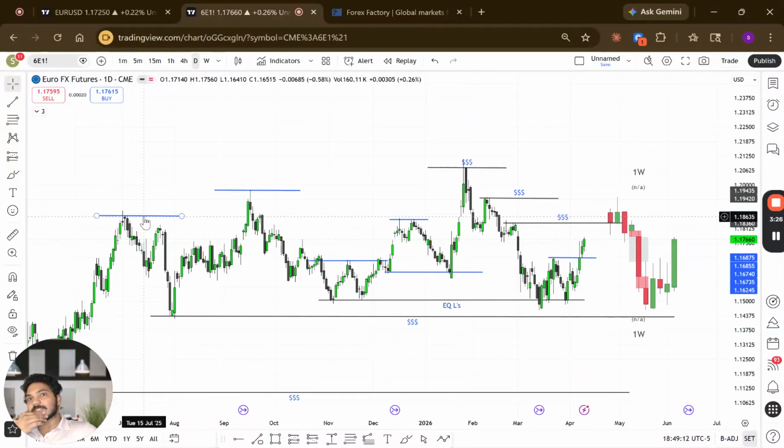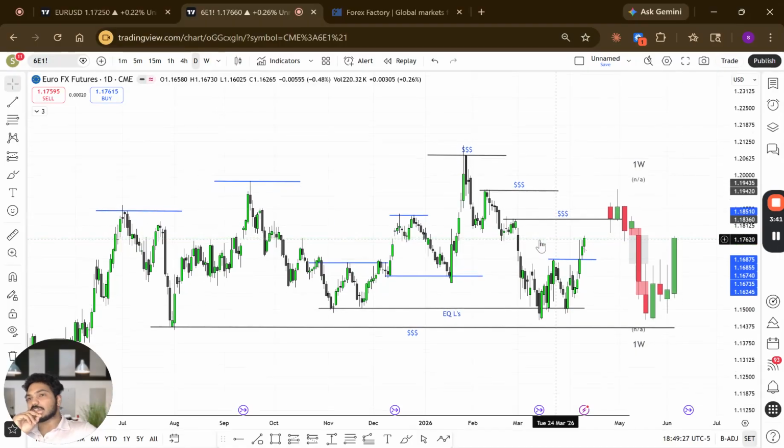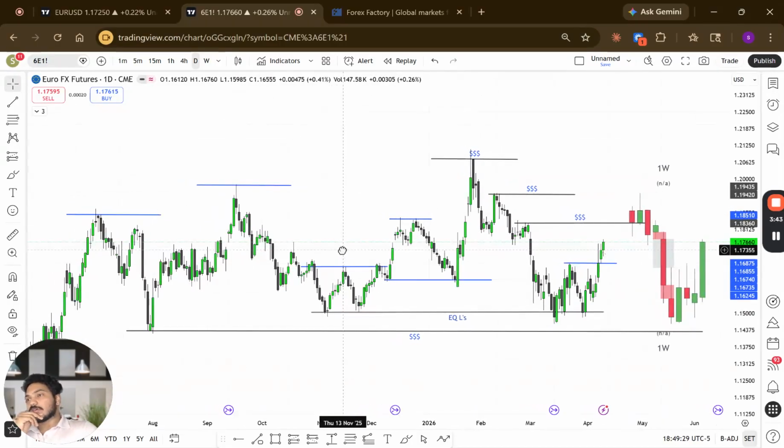So this price, which is 118,695. Okay, let's round it up. Institutional orders love to work around rounded numbers.